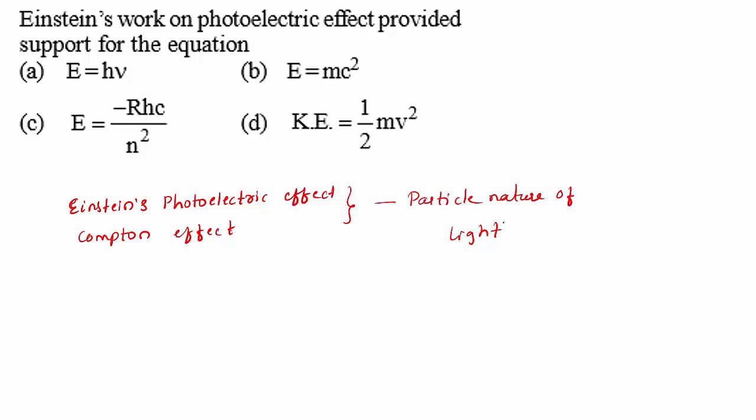It means that light has both particle and wave nature. So we are going to call it the dual nature of light. Here Einstein's work on photoelectric effect provided support for the equation E equal to h nu because it explains both particle nature and wave nature of the light. This is the suitable equation for Einstein's photoelectric effect.